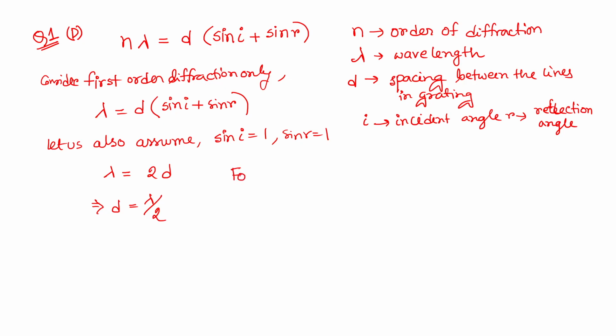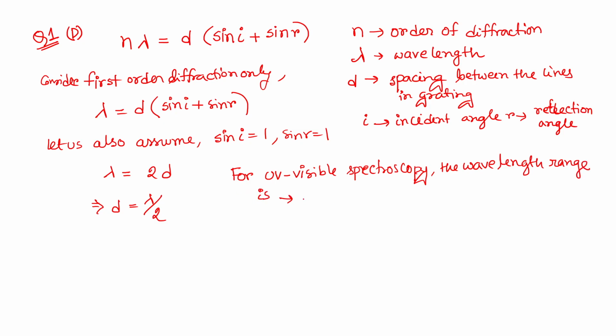So for UV visible spectroscopy, the wavelength range is actually 200 to 800 nanometers. Okay, so as you can see, your d could be from 100 to 400 nanometer.